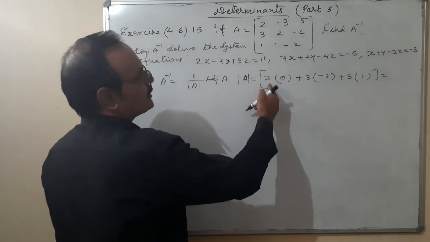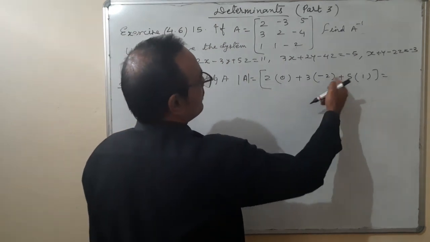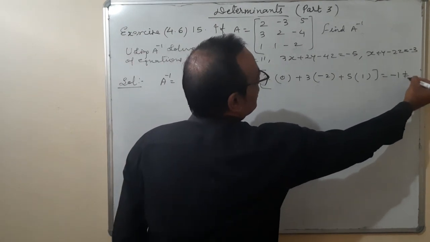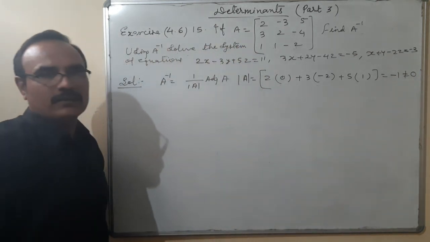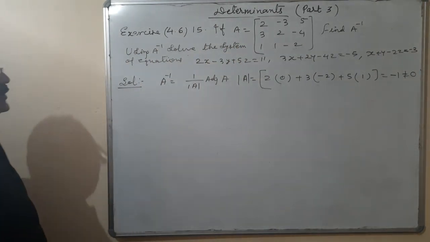So the result is coming 0, minus 6 plus 5, minus 1. Minus 1 is not equal to 0.